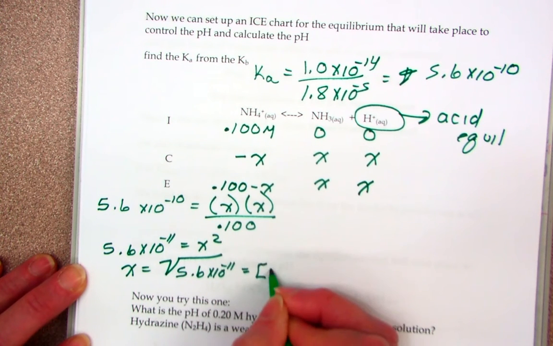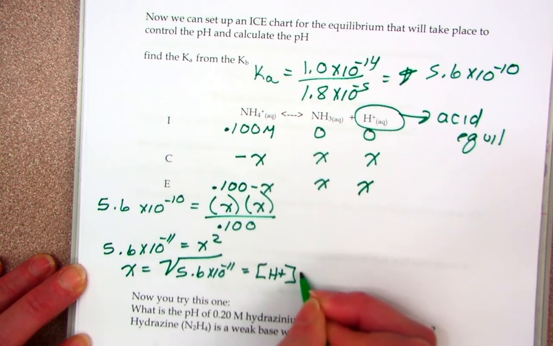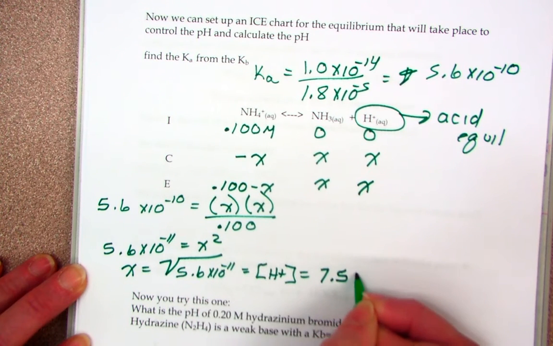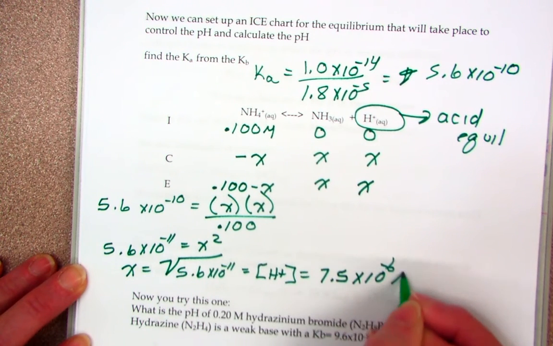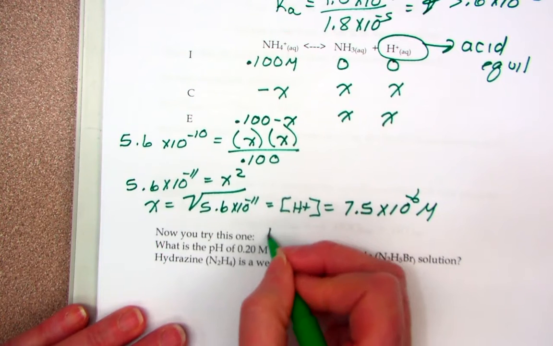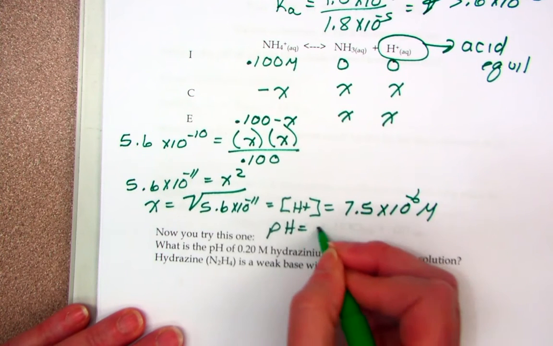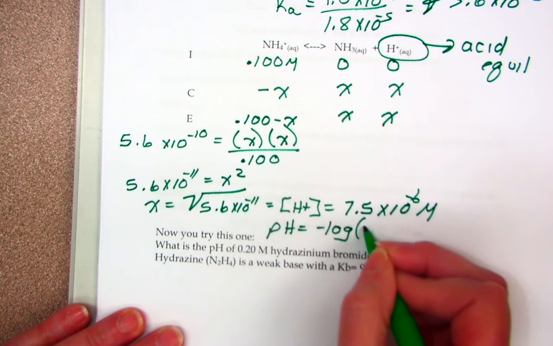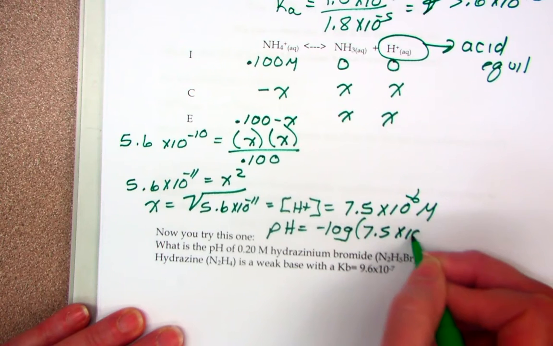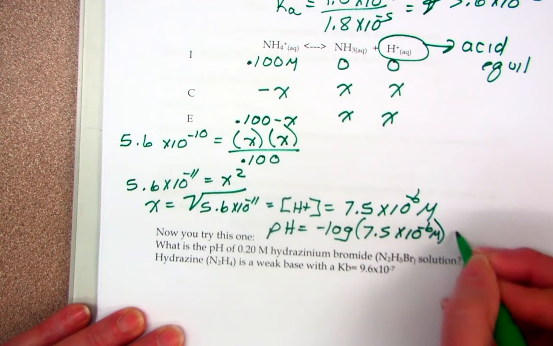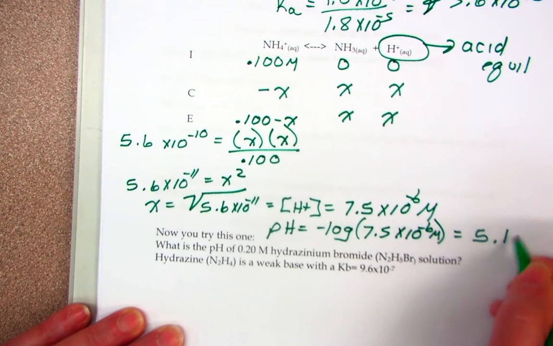It's equal to the hydrogen concentration, which is 7.5 times 10 to the negative 6th molar. So the pH is minus the log of the hydrogen ion concentration, 7.5 times 10 to the negative 6th molar, which is 5.13.